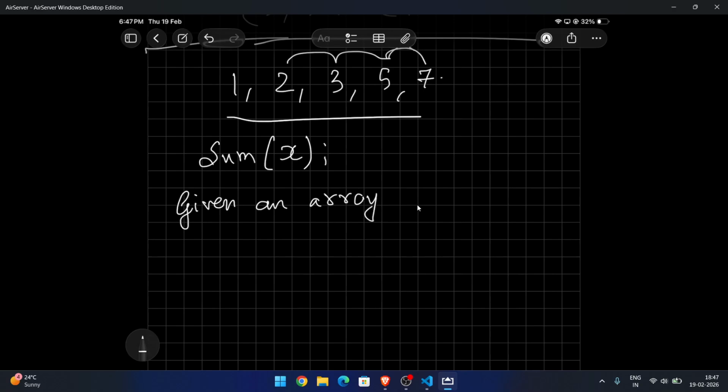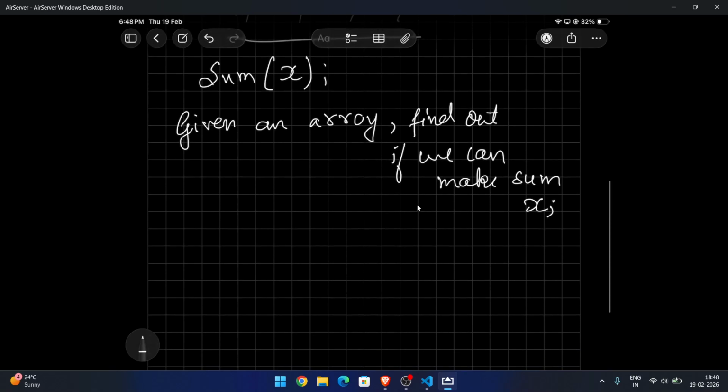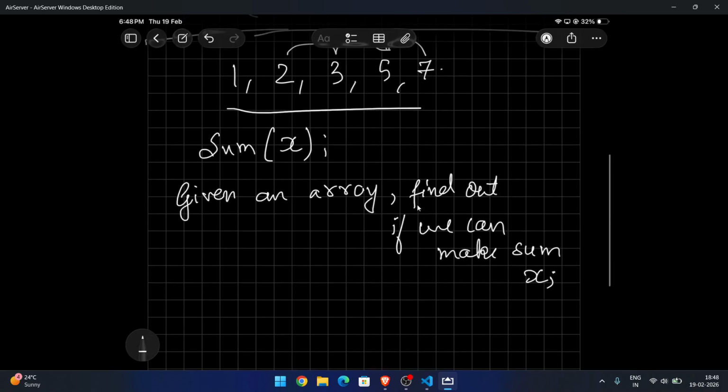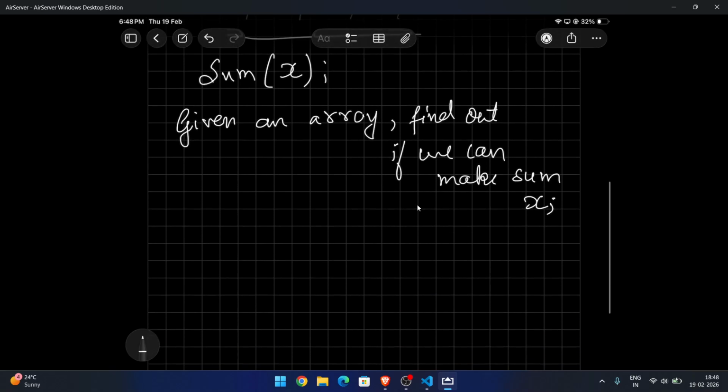Given an array, find out if we can make some sum x. So we have to take some subset of numbers and find out if it can make a sum x.